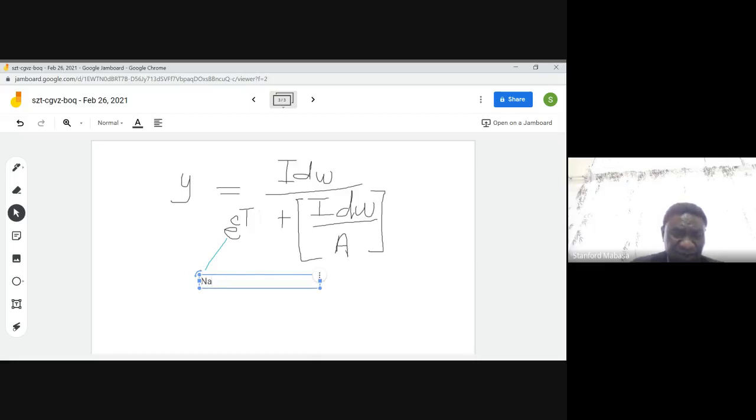So this one is natural log and the C is just a constant. And the T is time of weed seedling emergence.